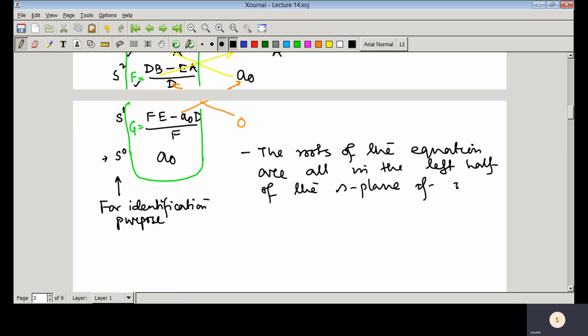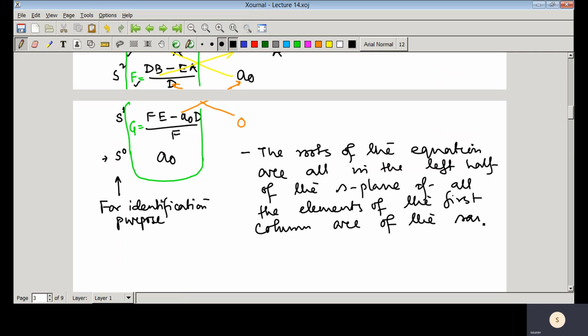If all the elements of the first column are of the same sign, that means there would be no change of sign.